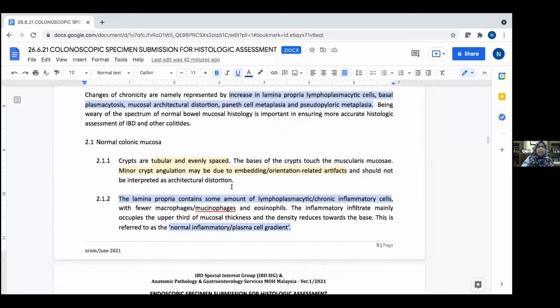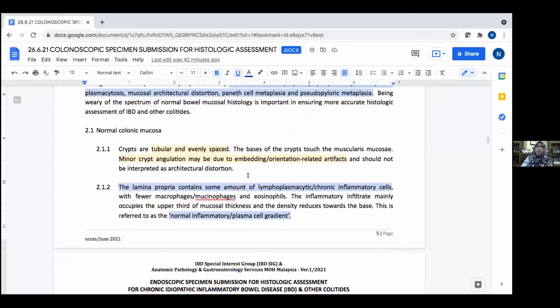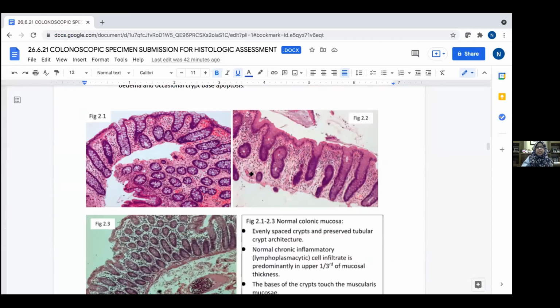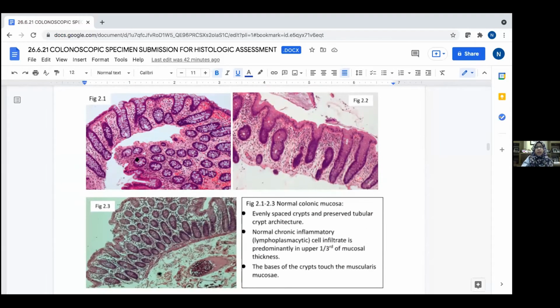Right. But before we can appreciate what's abnormal, for those who have attended many of my lectures before, I will never fail to highlight the importance of appreciating normal colonic mucosa. So you must be able to appreciate the normal tubular crypt architecture, with the crypt bases touching the muscularis mucosae.